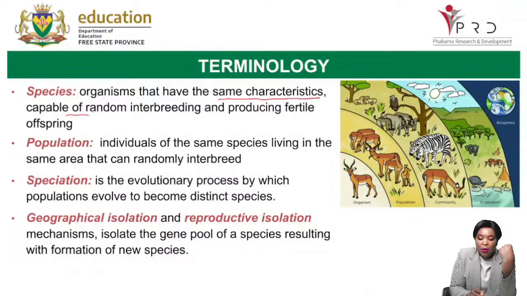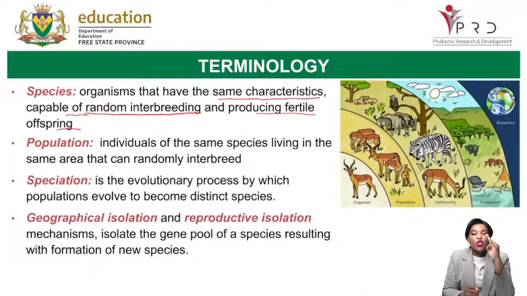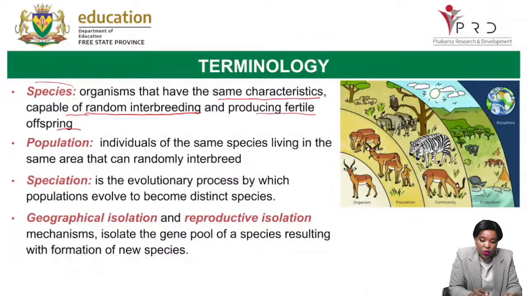They are capable of random interbreeding, or you can say they are able to interbreed and produce a fertile offspring. So for it to be of the same species, it must meet all those three criteria. It must have the same characteristics, be able to interbreed, and produce a fertile offspring. Then you can talk about those being organisms of the same species.